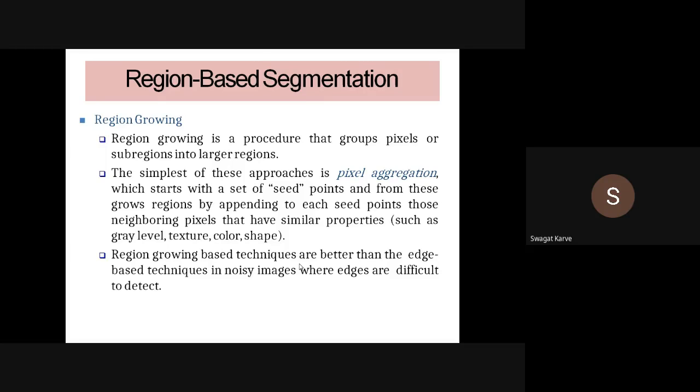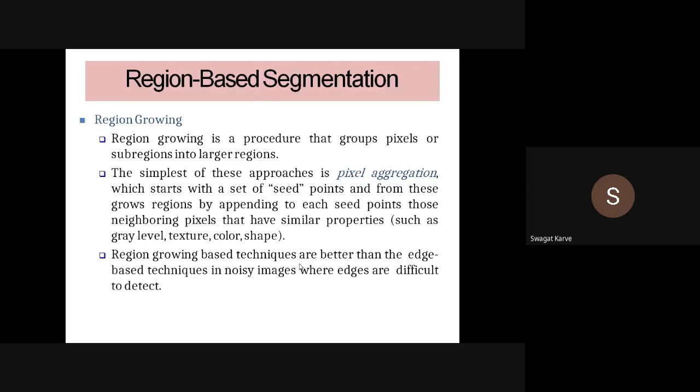Okay. Now this region based segmentation can be performed by using three different techniques. First one is region growing, then second one is region splitting, and third one is region merging.